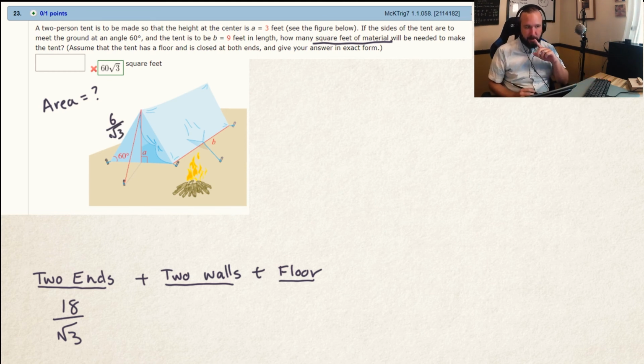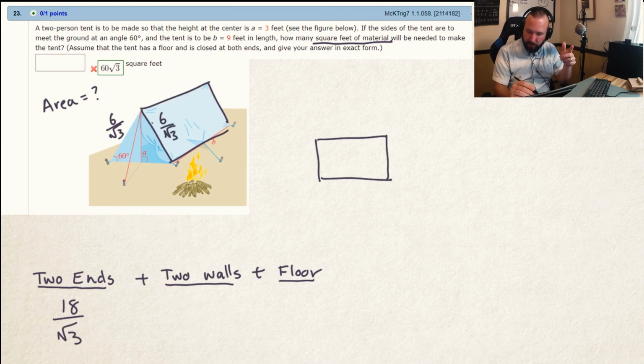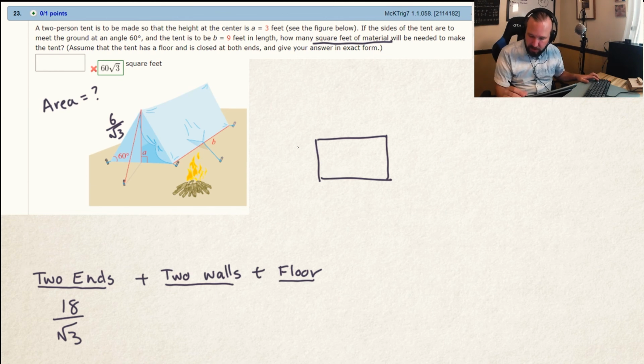Okay, now I need to do the walls of it. So the walls, they go right here, right? So this 6 over square root of 3 is one of the sides of that wall. This piece right here goes right there. So 6 over the square root of 3 there. And they also give me 9 as the length across the bottom. So the area of a rectangle is really easy.